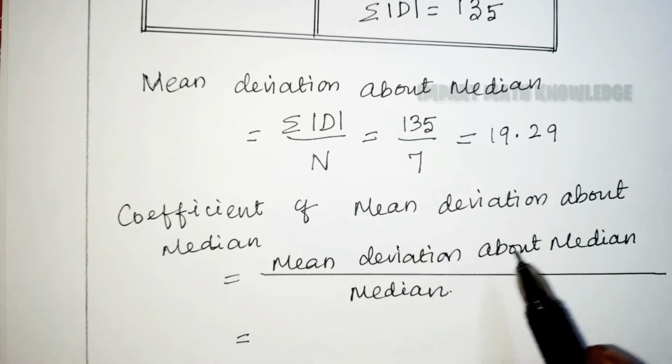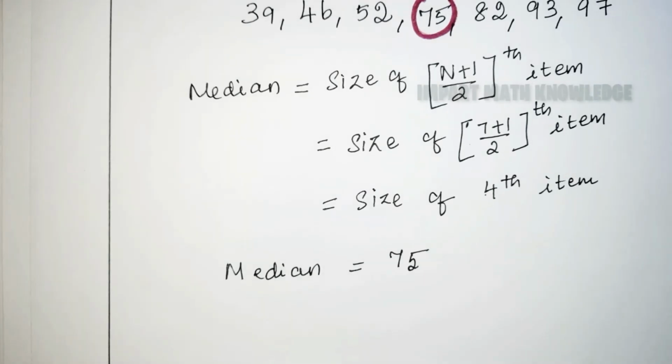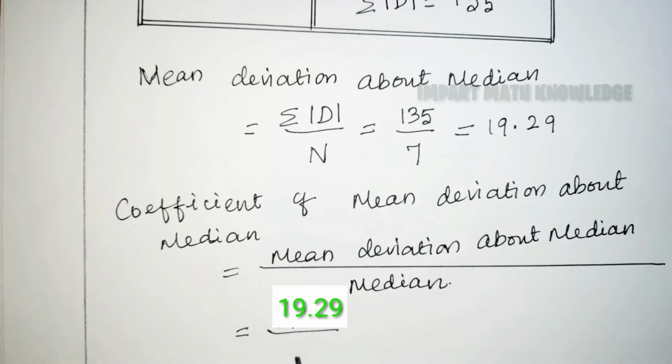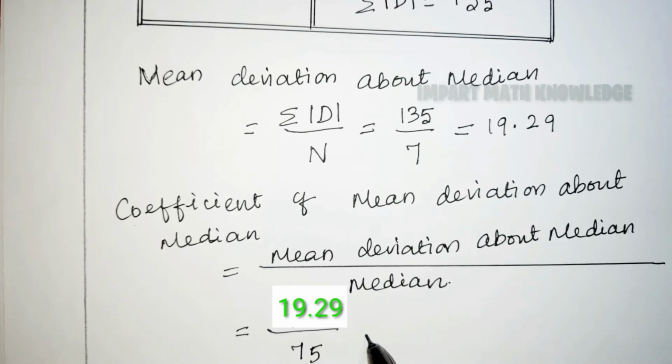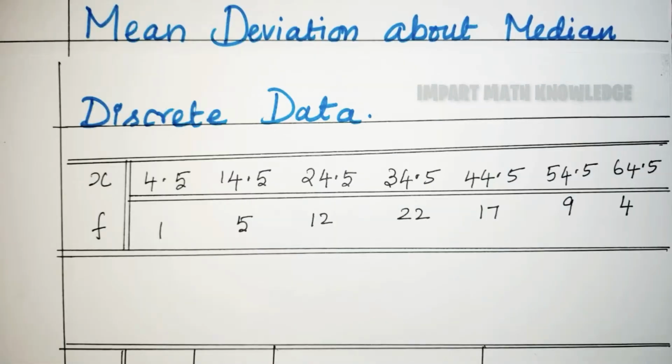Mean deviation about median is 19.29. Median is equal to 75. 19.29 divided by 75. This is equal to 0.2572. Coefficient of mean deviation about median is equal to 0.2572.